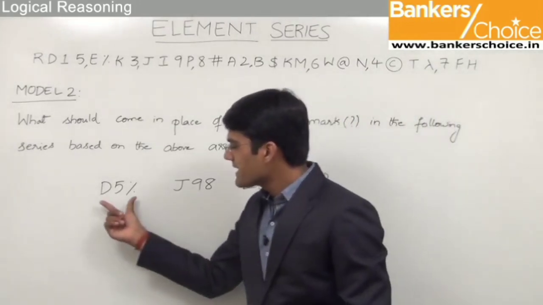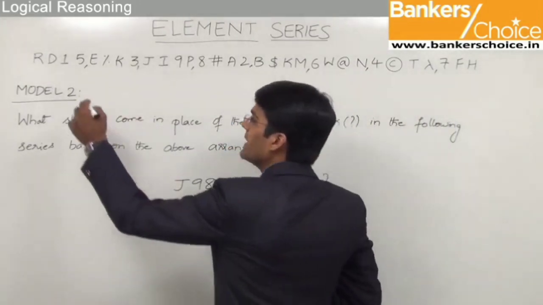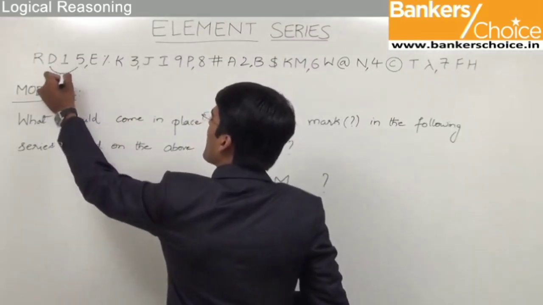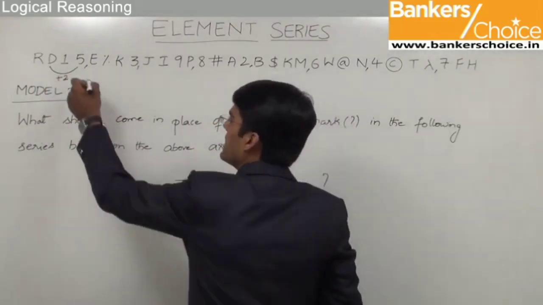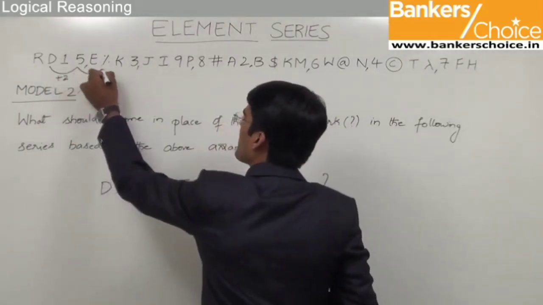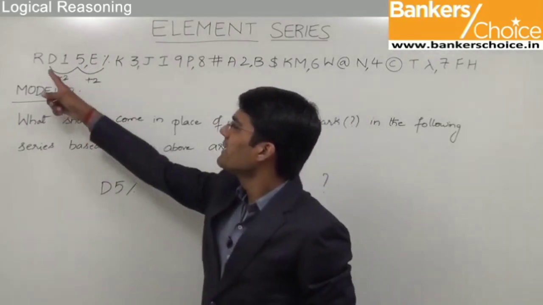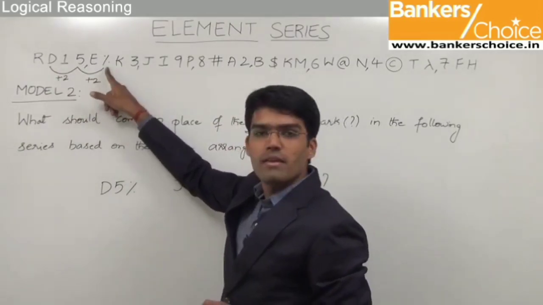Now if you look at the first set here, that is D5%, we can find that D is in this position and 2 positions away we have 5. So you can say it is plus 2 positions away, and again after 2 positions from 5 we have percentage.